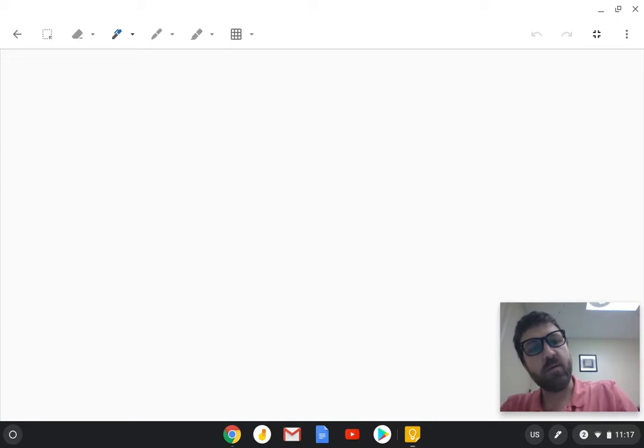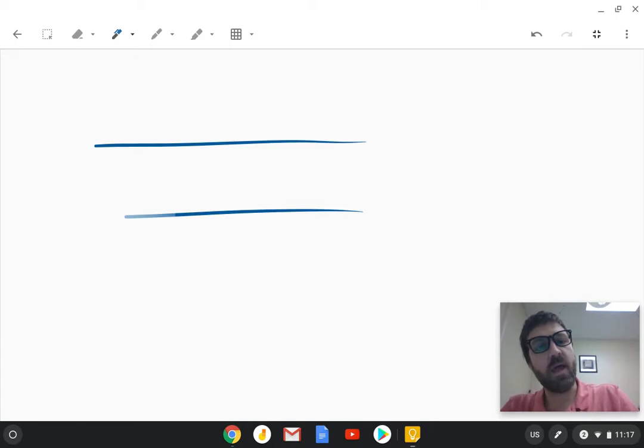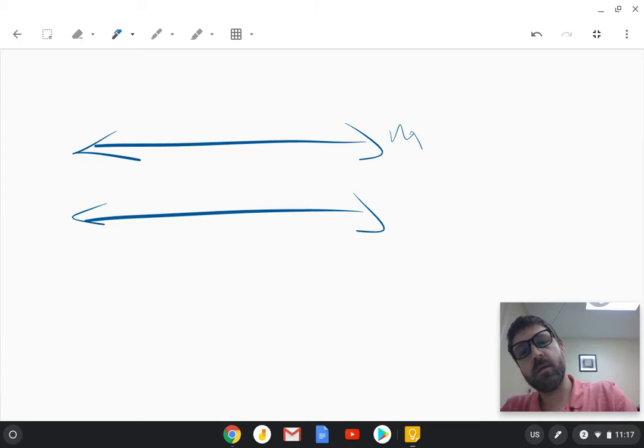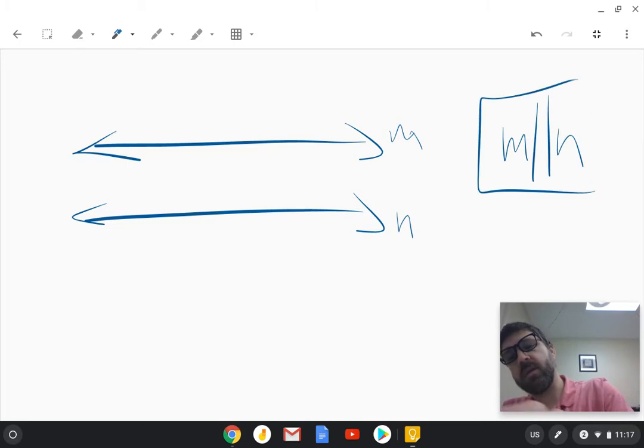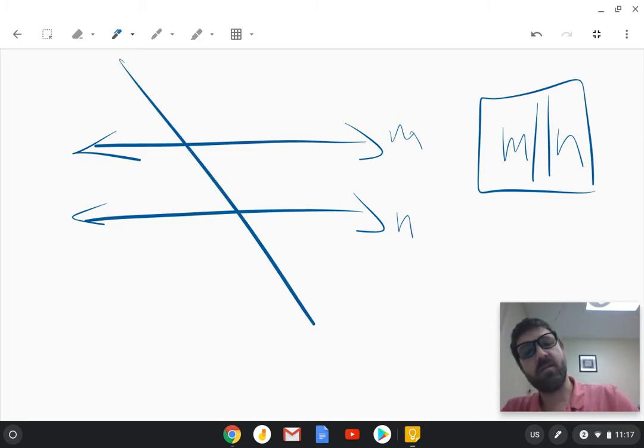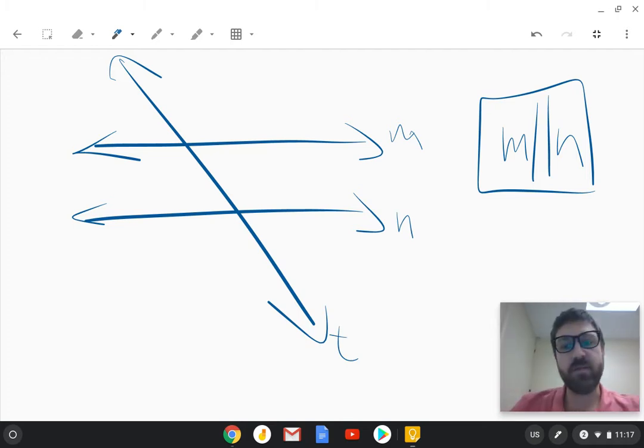So again, we're saying when we have 2 lines that are parallel, call this M and N, and we say M is parallel to N, that's what this symbol means. And then we have this T line coming through. The relationships we talked about previously have some kind of unique characteristics. So if we have this situation, then we know some things.